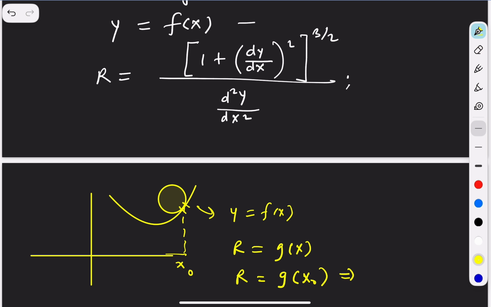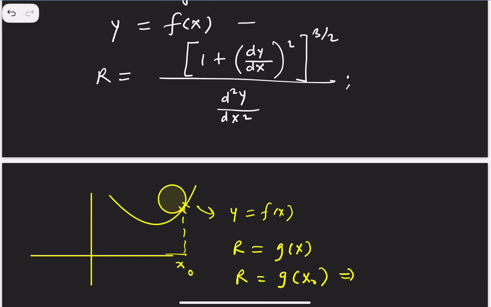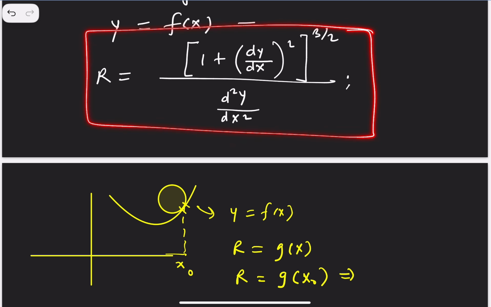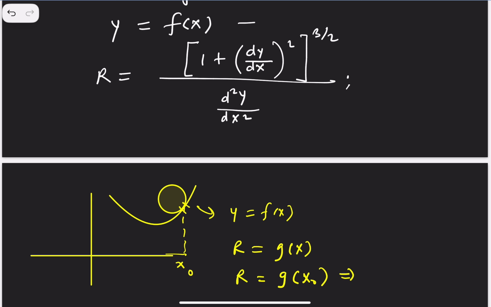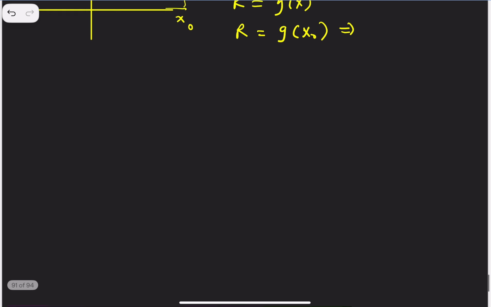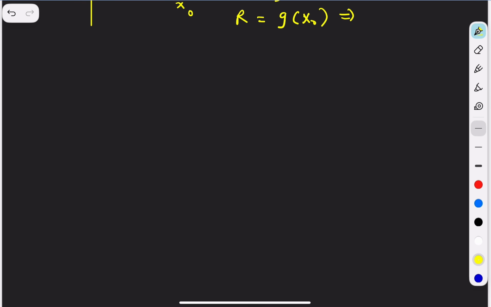Now let's see how we can derive this relationship that I have discussed above, the radius of curvature for a general curve. Let me show you the derivation. Suppose, guys, let me make an xy coordinate system, and suppose this is some curve.